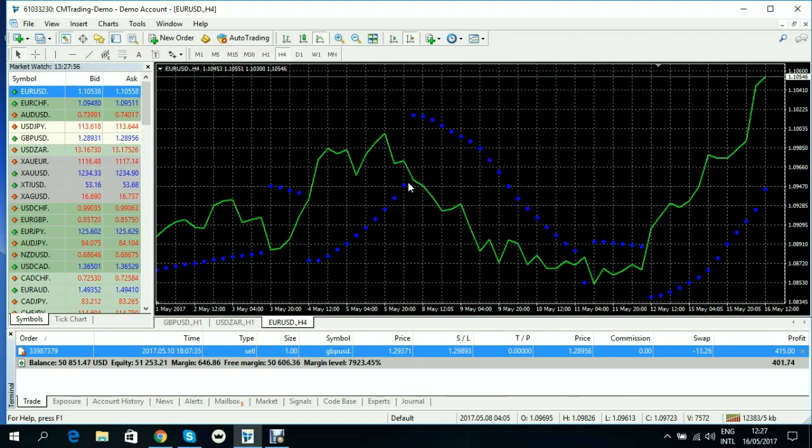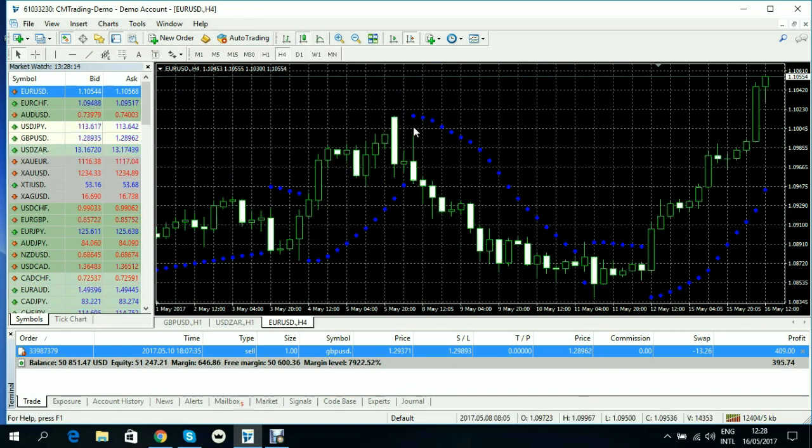Then the reversal comes. When the reversal comes, the dot appears above the trend or the candlesticks, right? When the dot appears above the candlestick or the price trend, you exit the trade because the trend is reversing.